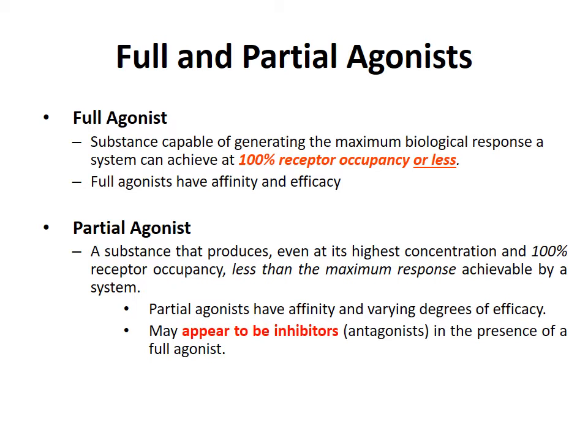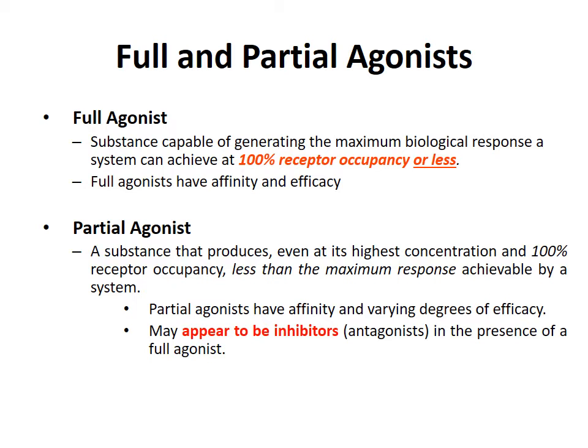So if you gave grams and grams or kilograms of a partial agonist, it would still never produce the maximum biological response, even if it occupied 100% of the receptors in the system. And that is because of the way it interacts with the receptor. I'm going to show some examples of that with respect to the two-state theory, in that context, what a partial agonist may look like.